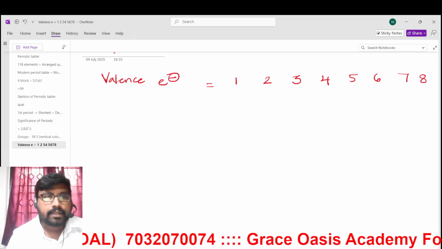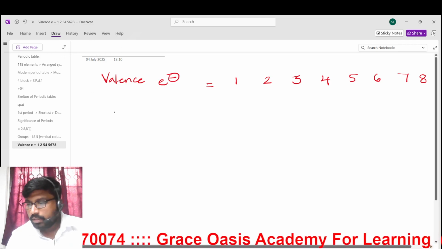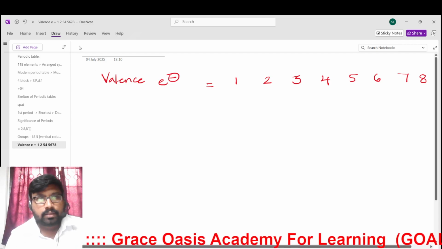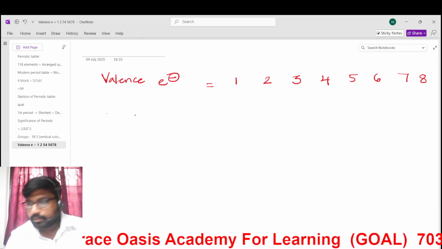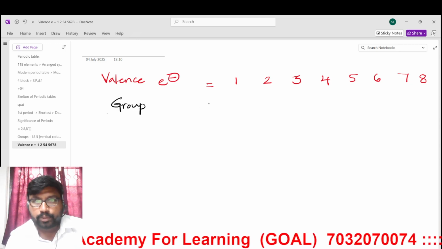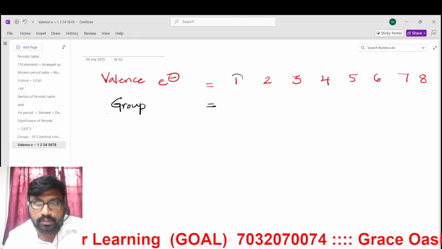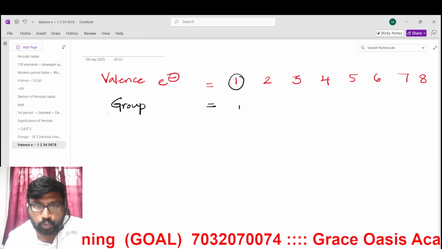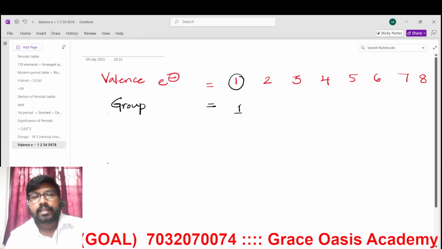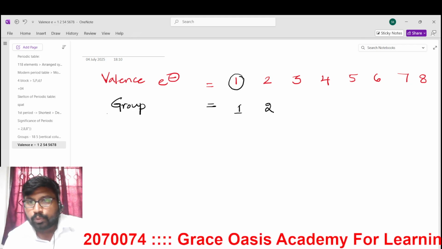Okay, next, with respect to valence electrons, which group does it belong to? If the valence electron is 1 in a particular element, it will belong to group 1. If the valence electron is 2, it will belong to group 2.